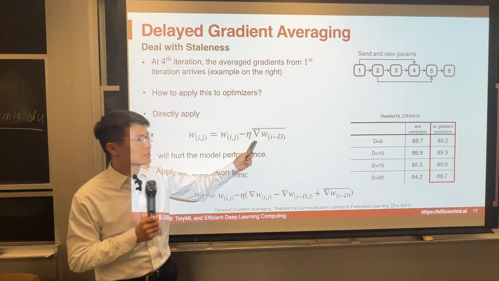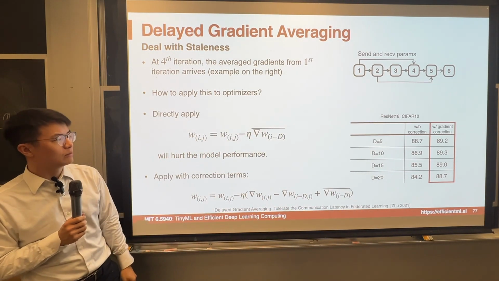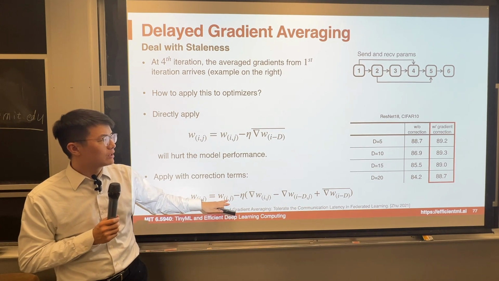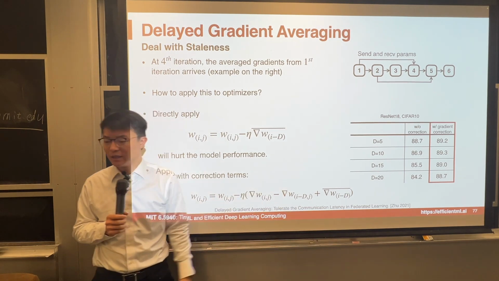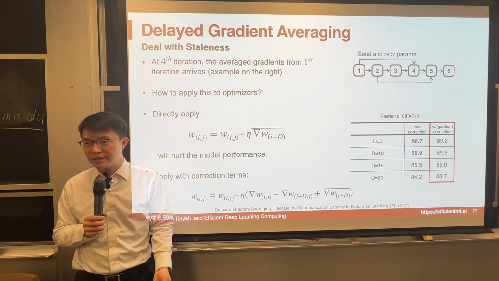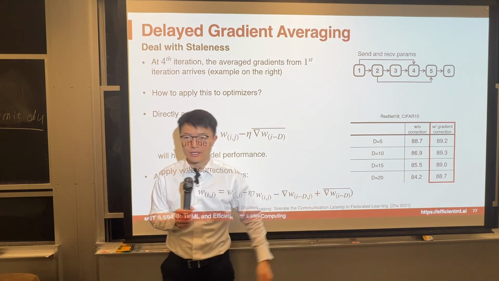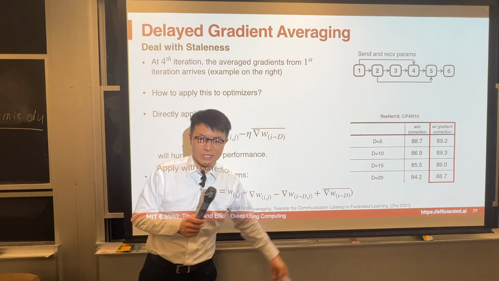Basically, this corresponds to without correction. We found it doesn't work, but what we need to do is Wij minus a term. We have to subtract the gradient sent by myself that was D steps ago, and then take the gradient that is averaged from all other workers from D steps ago.